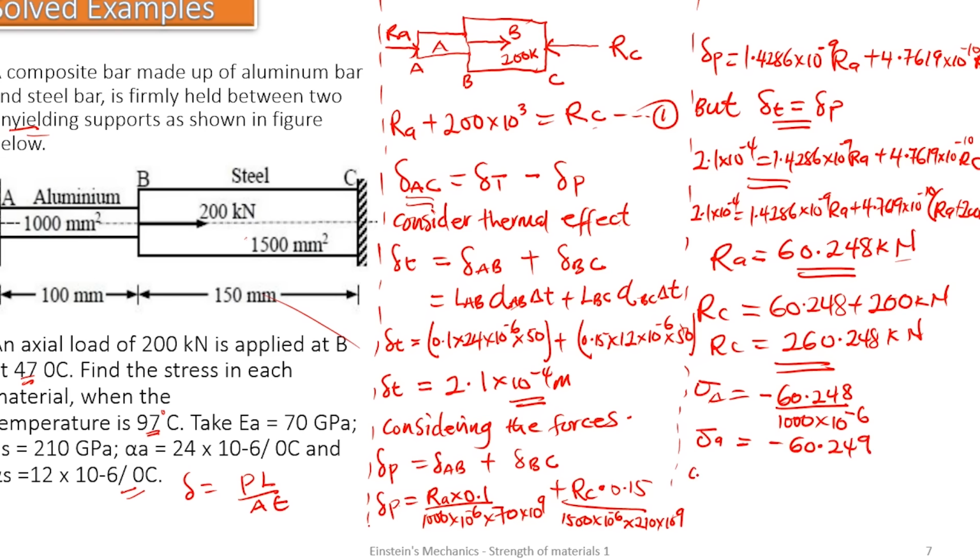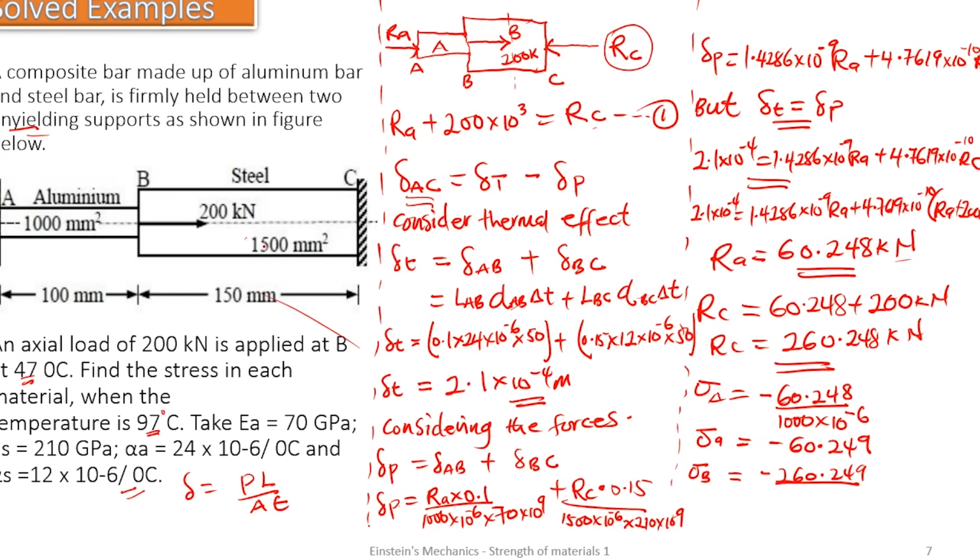The same thing for the stress in B, the steel: when you section B, it is the reaction force RC. It's also a compressive force, so we can negate it to be -260.249 over the area.